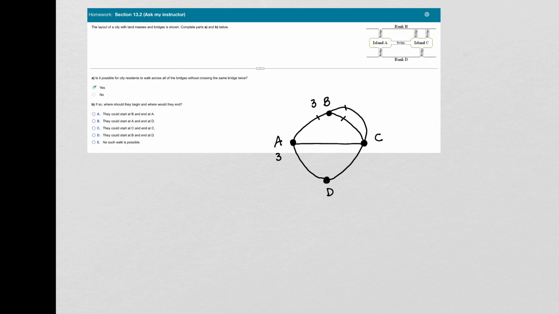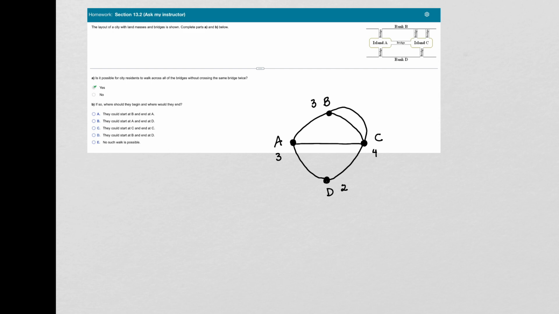And I like to mark the edges, especially when you have more edges coming out of a vertex, it helps to keep track of them. Vertex C has degree 1, 2, 3, 4. And D has degree 2.